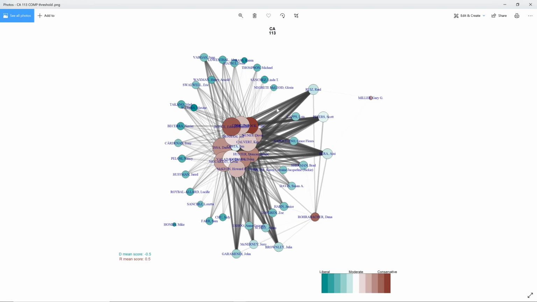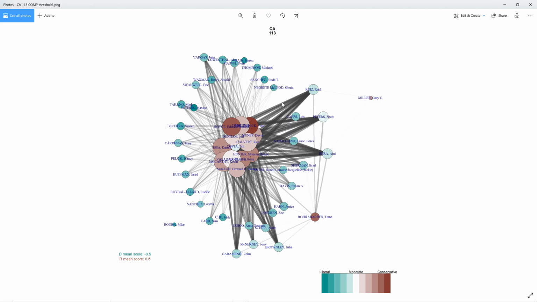So the thicker and darker the line, the more connections that node has with any given node that it's connected to. And the size of each node is that node's total strength. So like how many connections they have to everyone, not just any particular node, like an edge.